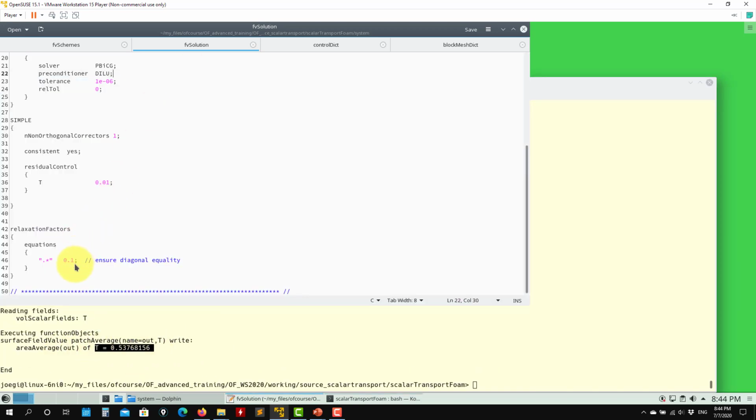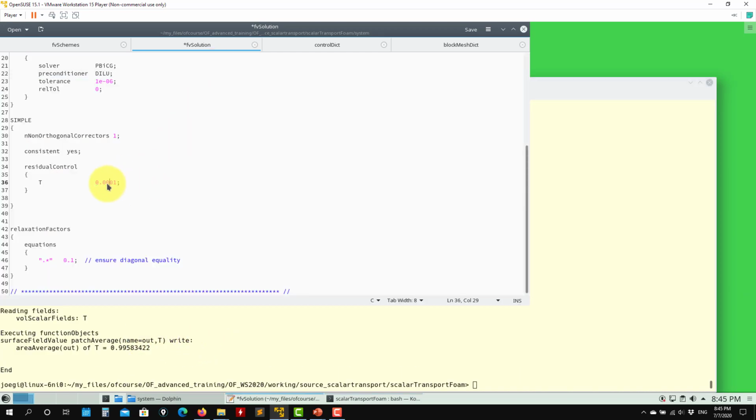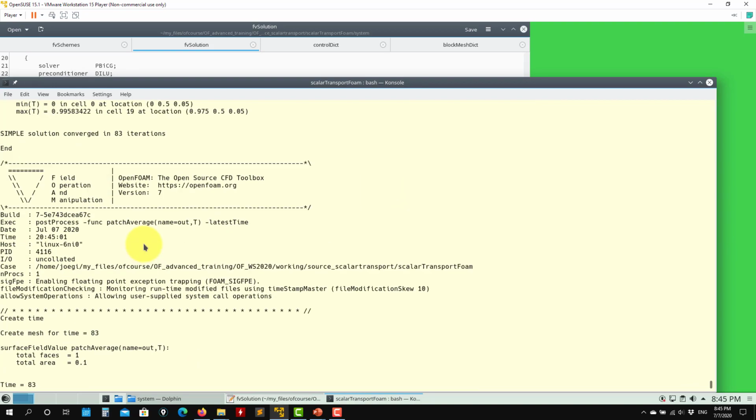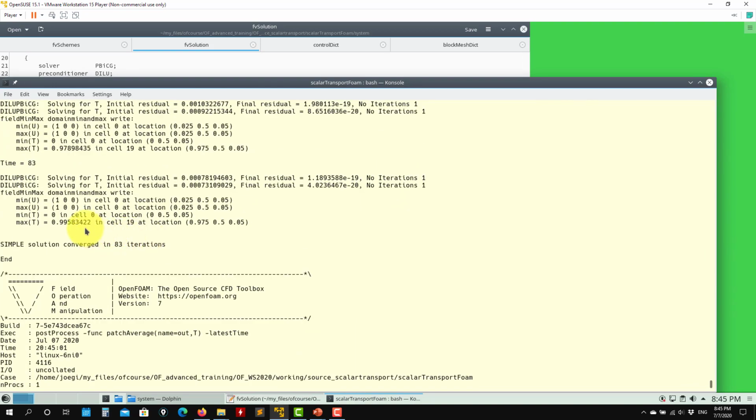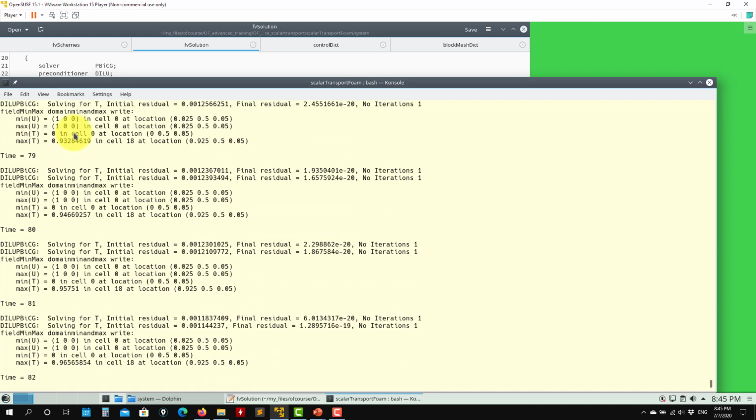So you can still use this small URF, but then you need to improve your accuracy here. See that you are getting closer, and as you reduce it, you get closer. And also monitor, see that our solution is stable, it's not oscillating. Okay, it's increasing in a monotonic way.